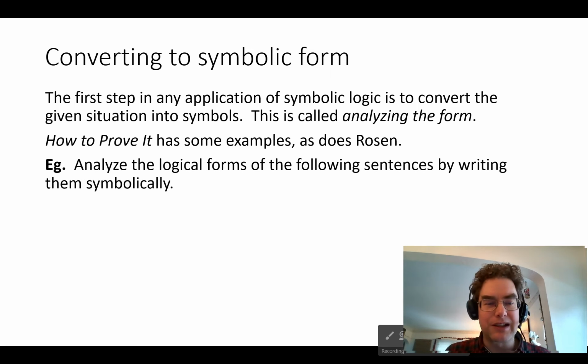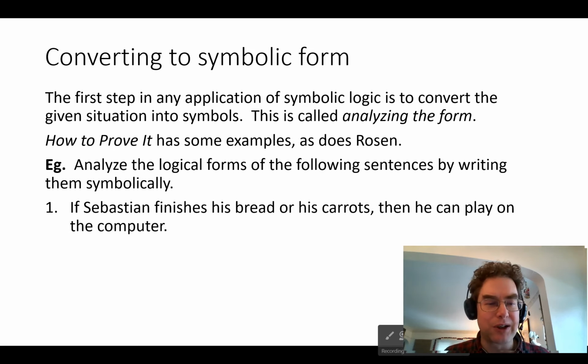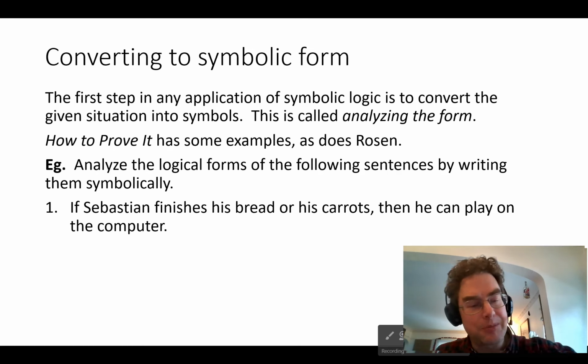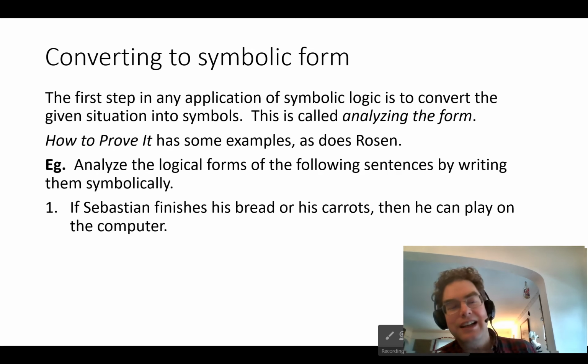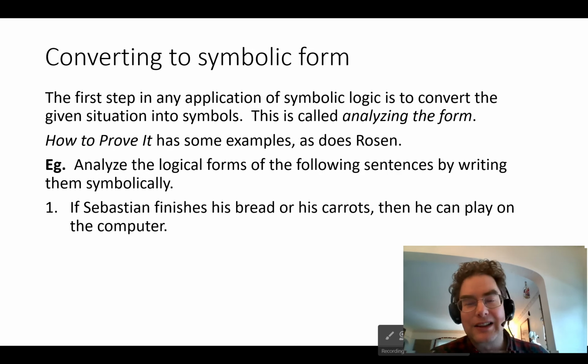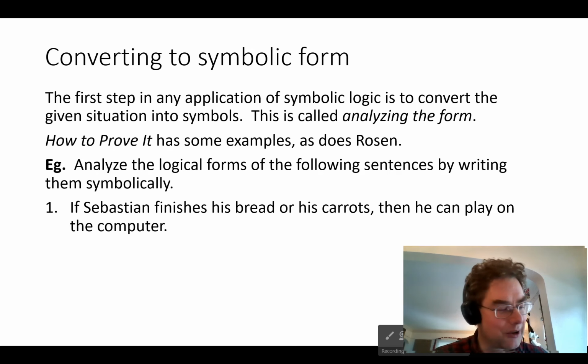Okay, so here are some sentences where we want to analyze the form. Again, that means we want to convert into symbols, of course, faithfully representing the meaning of the original sentence. So first we've got, if Sebastian finishes his bread or his carrots, then he can play on the computer. Okay, a very common sentence that might have been spoken in our house, 10 years ago or so.